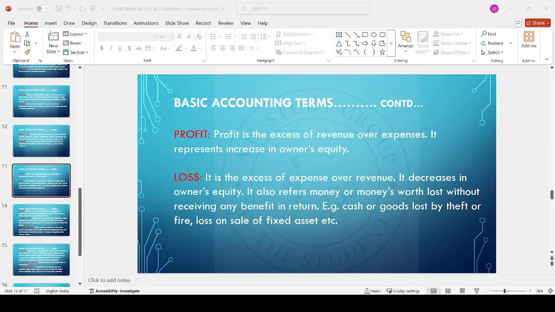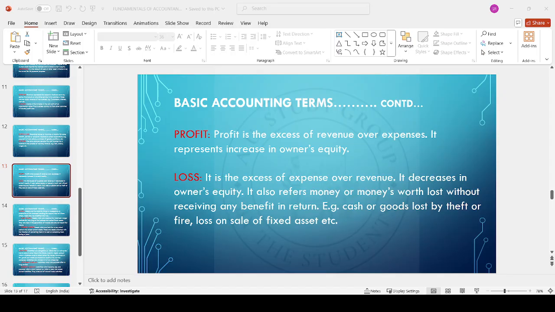Loss is exactly opposite. This occurs when a business's total expenses exceed its total revenue. It basically decreases the owner's equity. It can also refer to money or assets lost due to events like theft or fire. Generally, loss happens when there is an excess of expense over revenue.